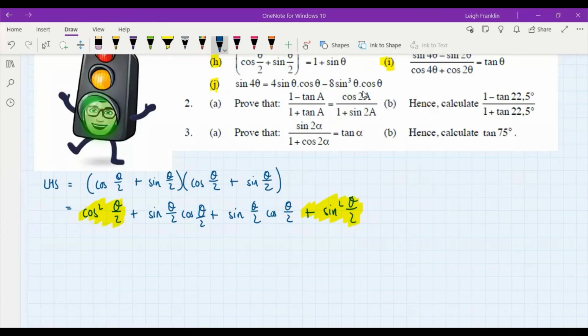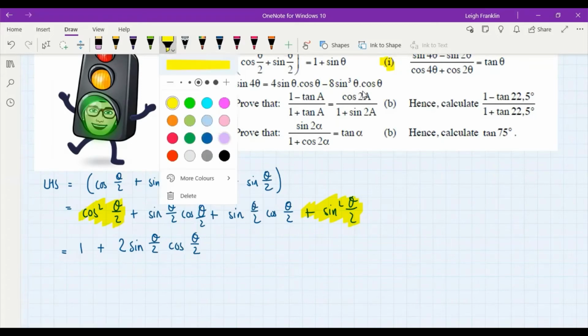So that's where the 1 comes from. And now we've got plus 2 sine theta over 2 cos theta over 2.